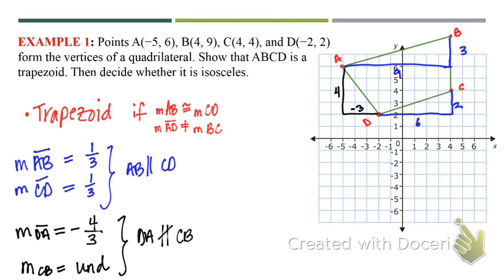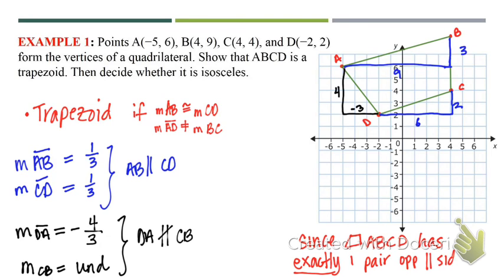We know AD and BC are not parallel, so we know it's for sure a trapezoid. Since quadrilateral ABCD has exactly one pair of parallel sides, it's a trapezoid.